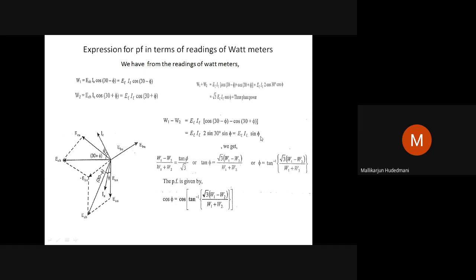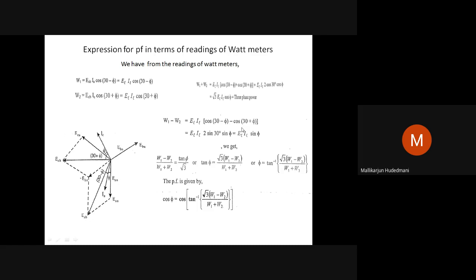Now observe here. I take the equation W1 minus W2 divided by W1 plus W2, one over the other. The whole thing becomes EL IL sin phi divided by root 3 EL IL cos phi.